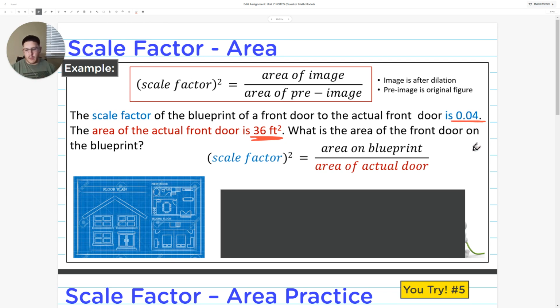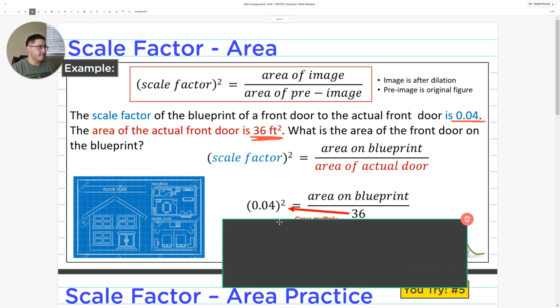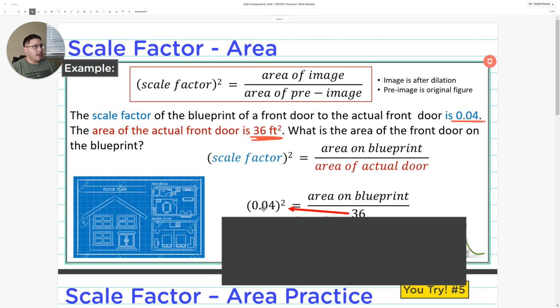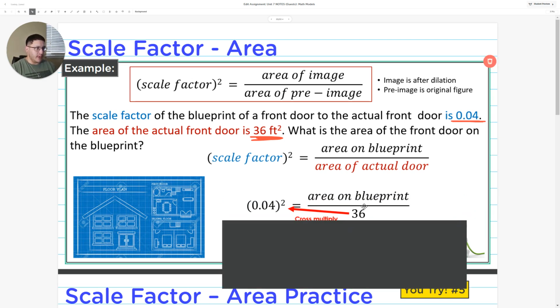So we're going to plug in what we have so far. 0.04 squared is equal to the area on the blueprint divided by 36. Well, we need to get the area on the blueprint, the unknown variable, by itself in order to solve. So we're going to cross multiply the 36 from the bottom to the other side of the equal sign.